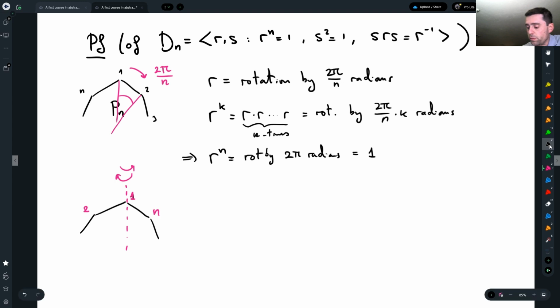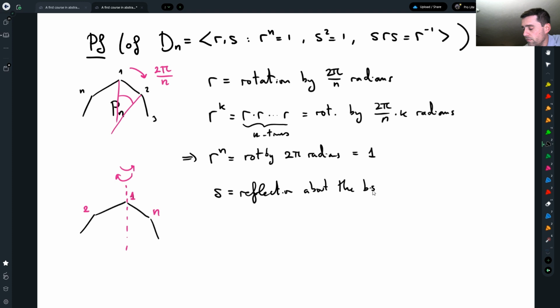And that is going to be a reflection about the bisecting line through the vertex 1. So that is a reflection, and therefore, because it's a reflection, if I compose it with itself, I get that this will be the identity.